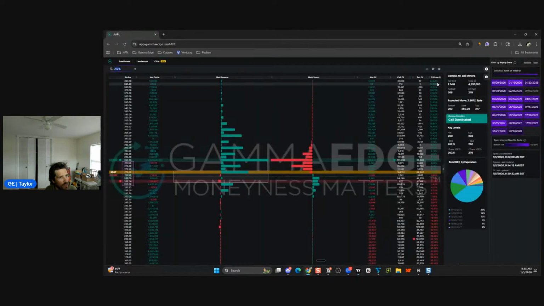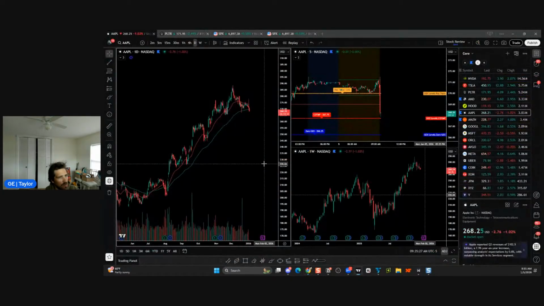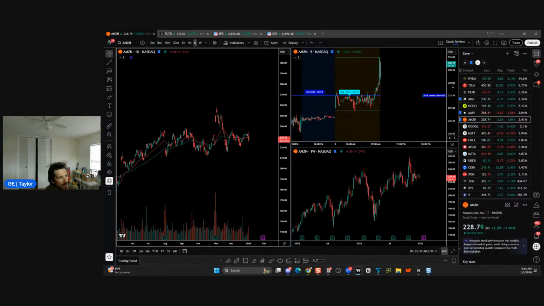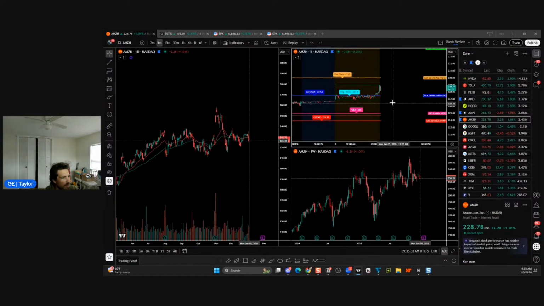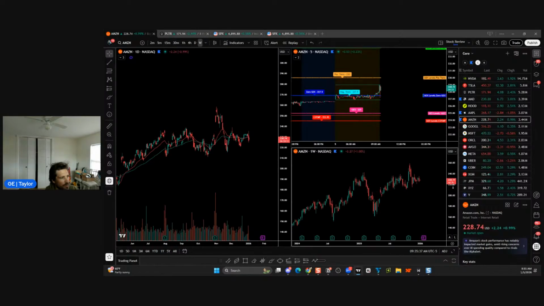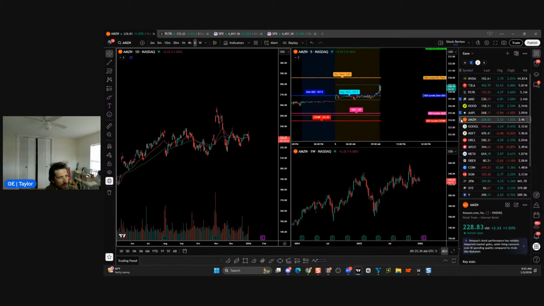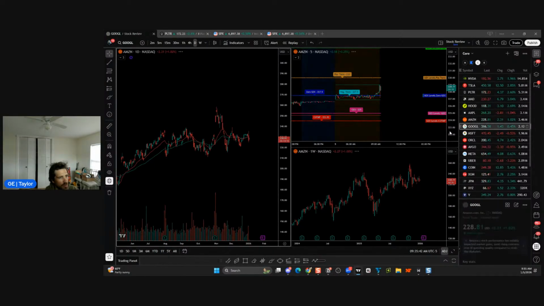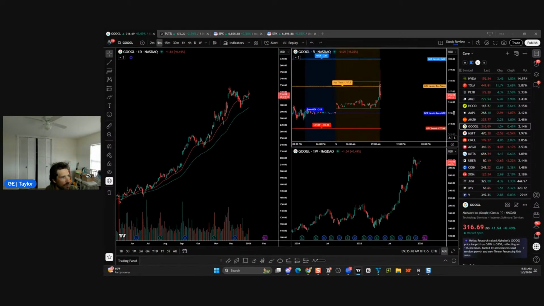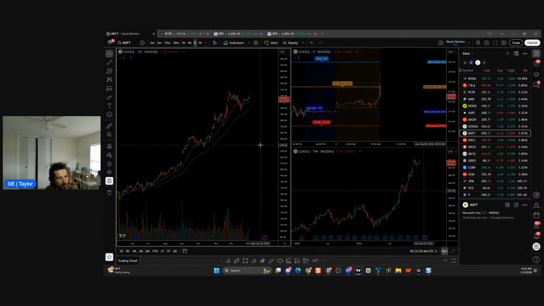Don't really have a ton to say about its structure right now. Amazon, it's just kind of in a chop range right now. You can see that clearly. Not a ton to do there. Take that off my watch, clean up my watch list a little bit. Google, relatively strong name. I don't see a trade in the name right now, but looks fine.